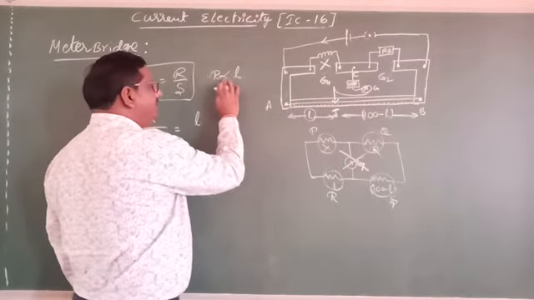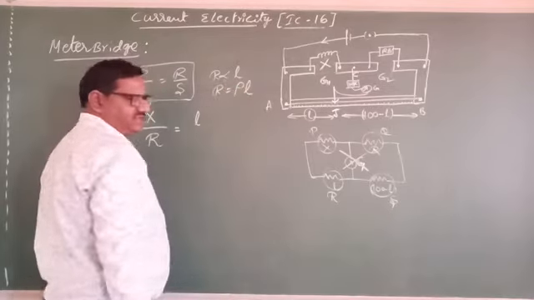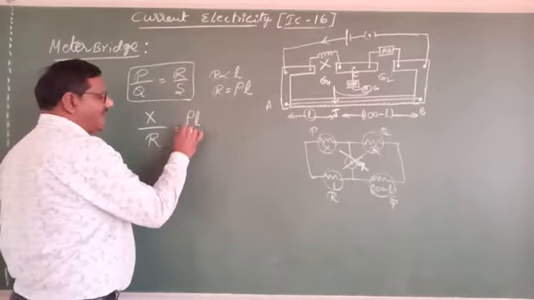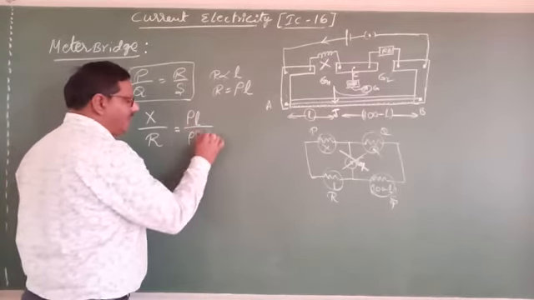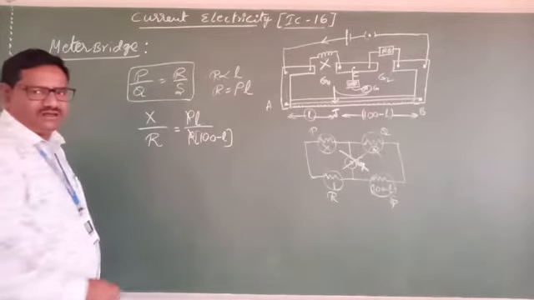If you want the proportionality removed, then we can use specific resistance, that is rho. So I write rho L by rho into (100 minus L). Now rho will get cancelled.